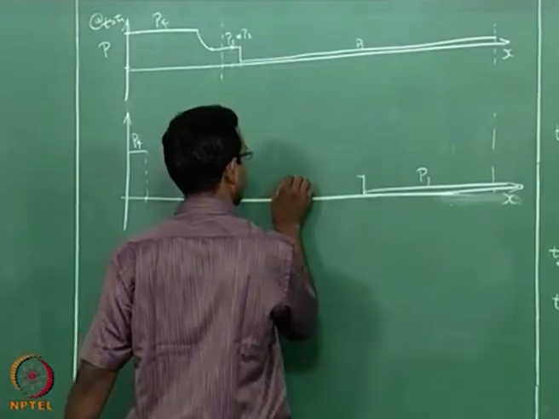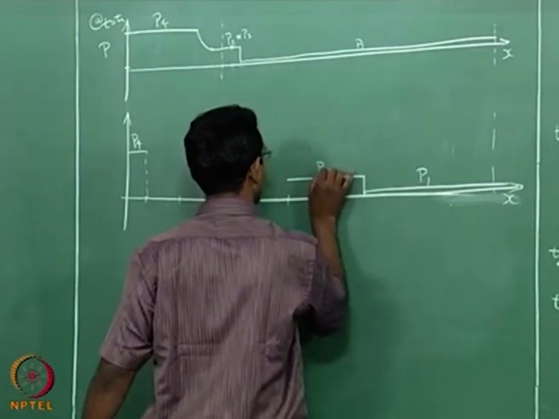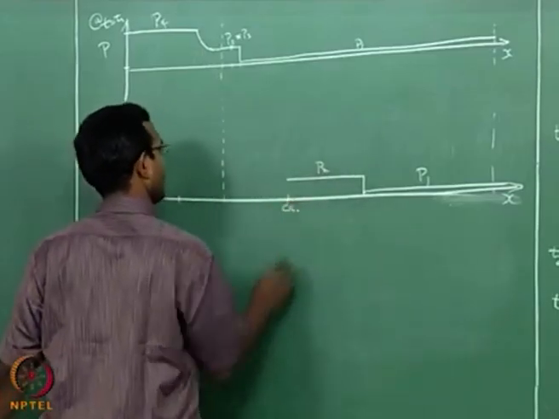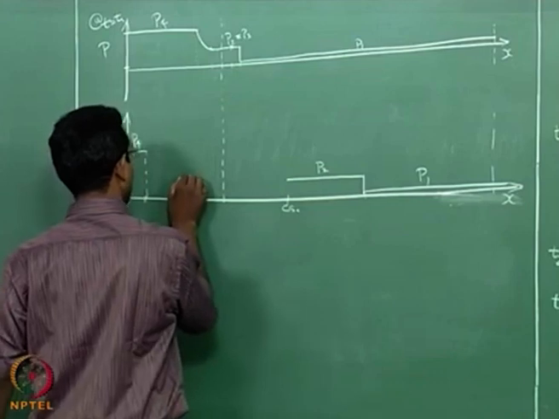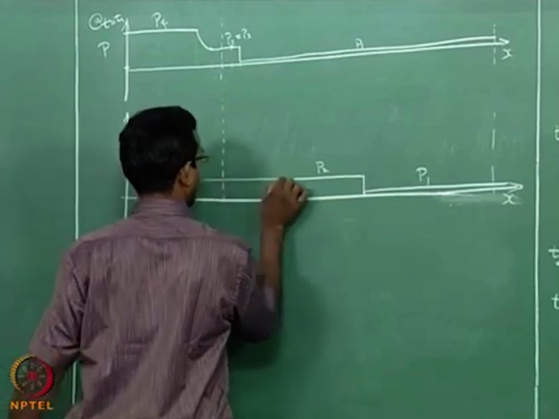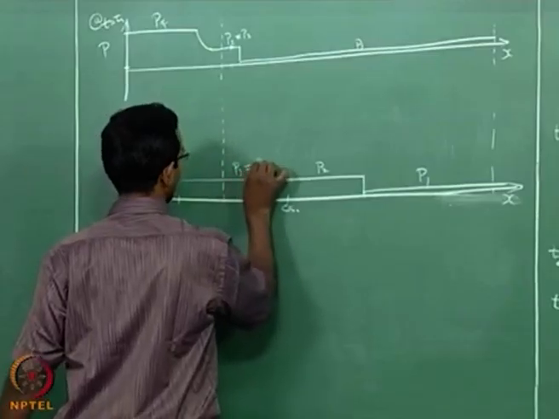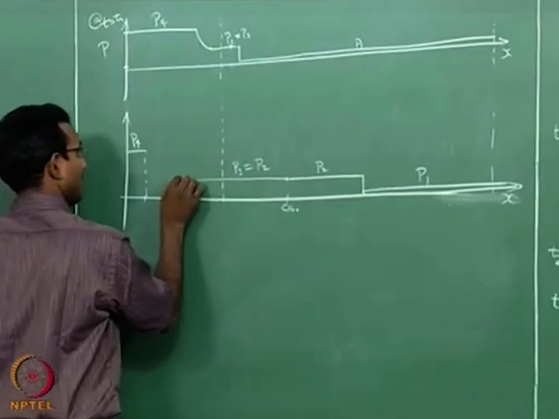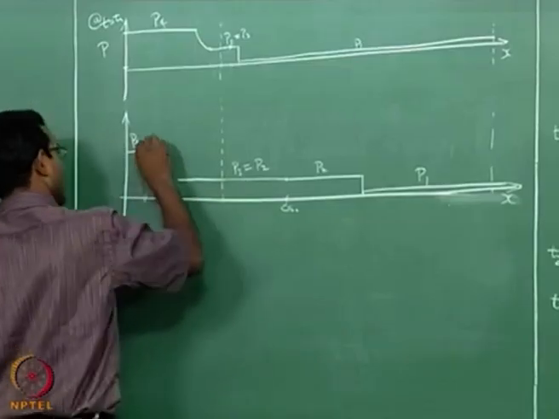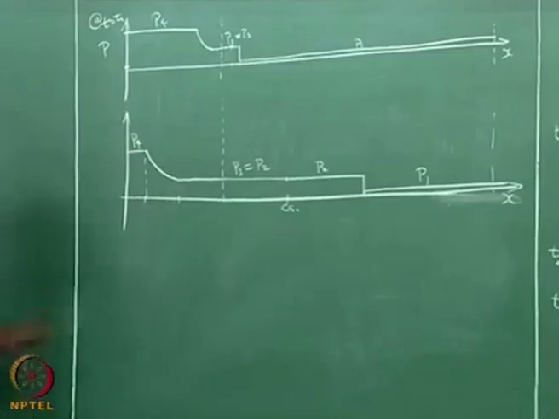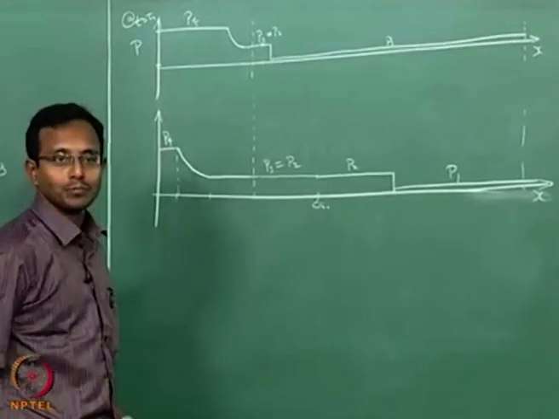And then this whole region is my P2, this is my contact surface location, and till here is my P3. P3 equal to P2 of course, and this becomes my pressure profile in my shock tube.